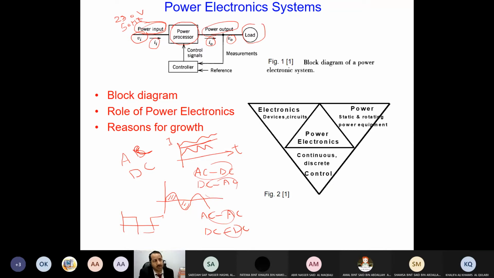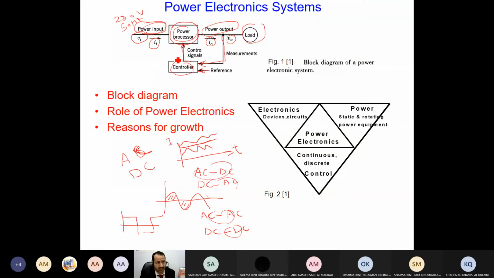Definitely, to control this, because in a power processor there is control inside, we need negative feedback, as you learned in control. Compare with a reference, whether it is voltage, current, or power, and then it goes to the control circuits to control the process.